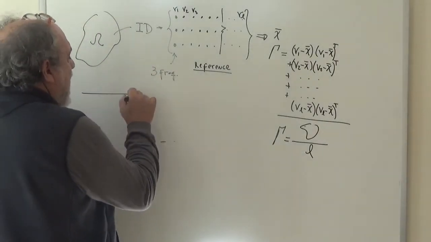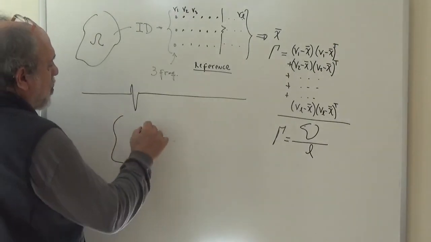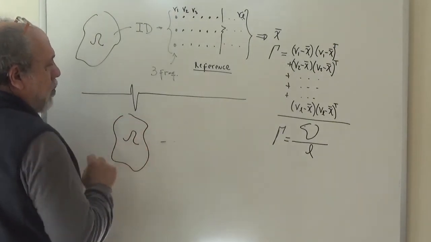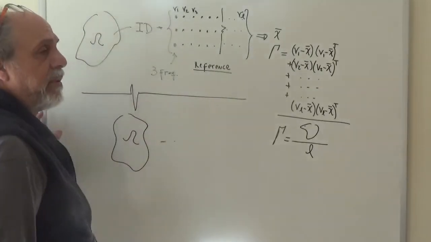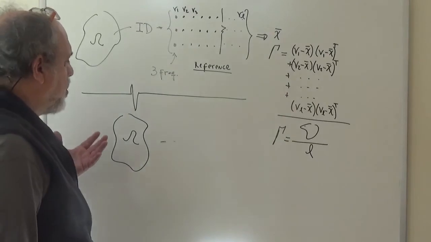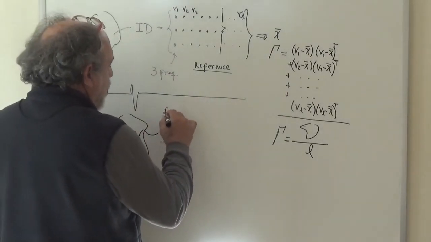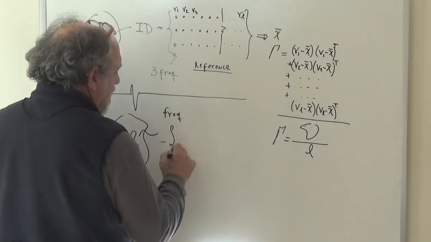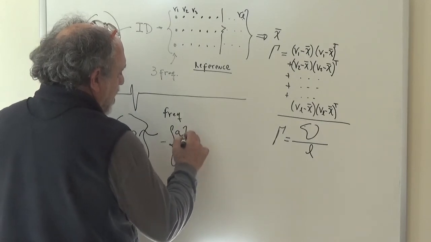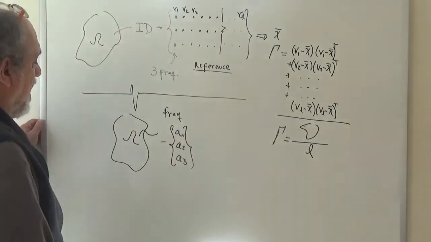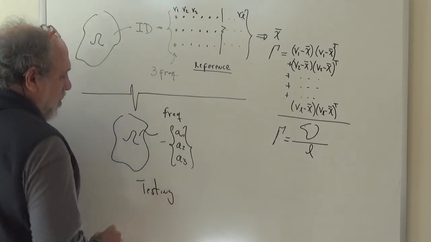Now time passes. And we're now in the future someday here, and we want to detect whether our structure is damaged or not. So basically the question we want to ask is, if we measure the frequencies and we get A1, A2, and A3, those are the frequencies the day that we are testing to check for damage.